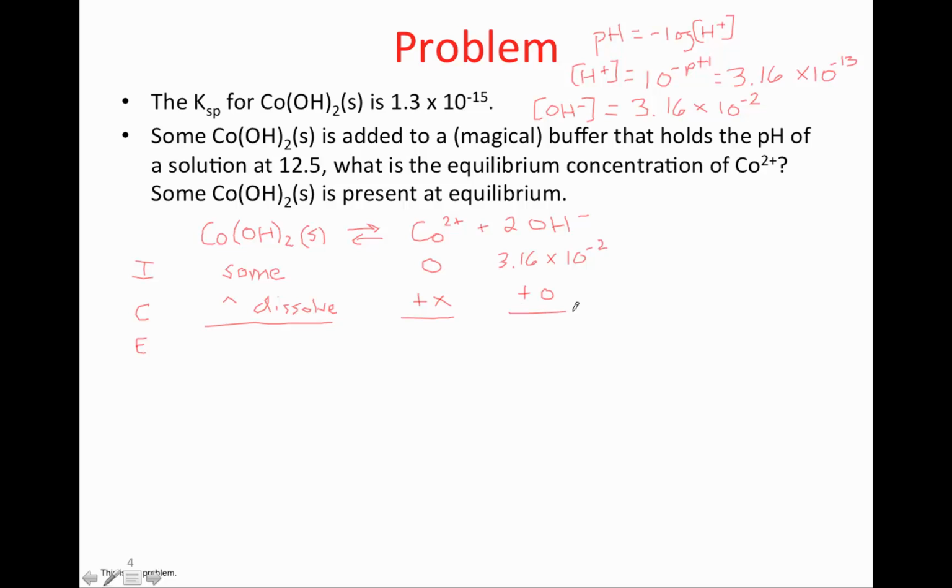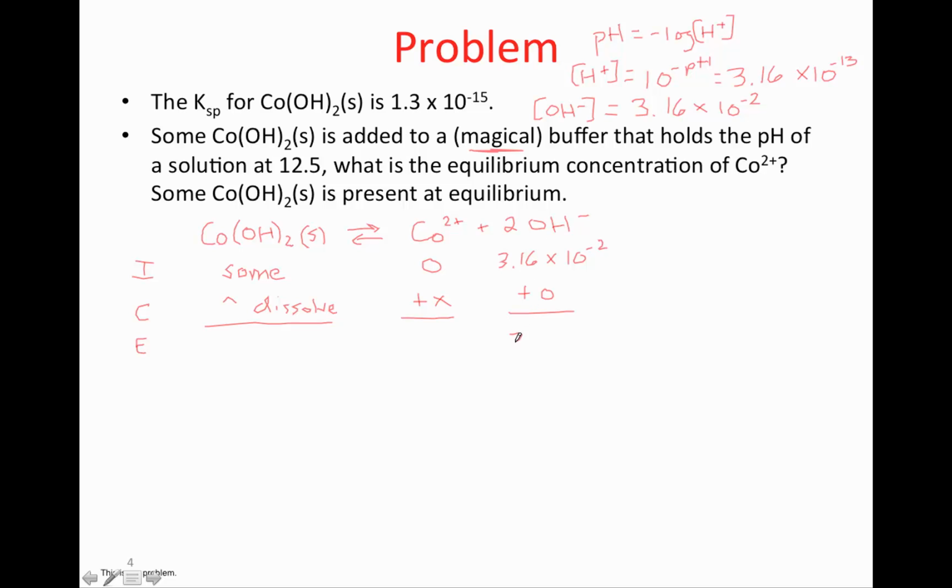I explained that I have a buffer that can absolutely keep the pH constant. That means the OH minus concentration stays constant. So because of this little magical buffer, no change occurs here, even though we're not at equilibrium. This equilibrium expression has to be enforced, so we have to have some dissociation of this, but the buffer is going to adjust to keep this concentration constant.